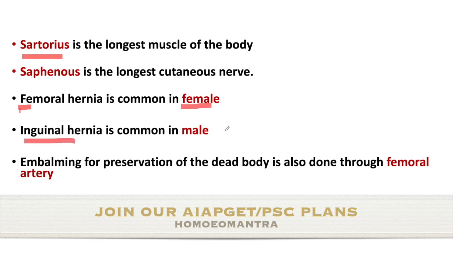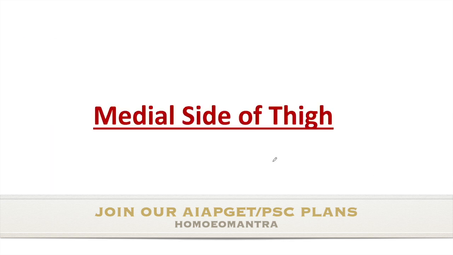Inguinal hernia is more common in males. Embalming for preservation of the dead body is done through the femoral triangle. Important question: embalming for preservation of a dead body is done through the femoral artery. Next is the medial side of the thigh.